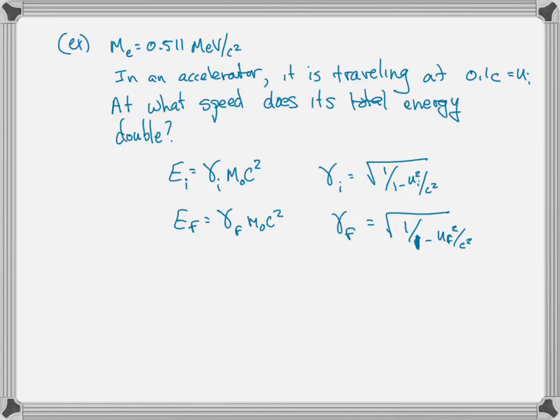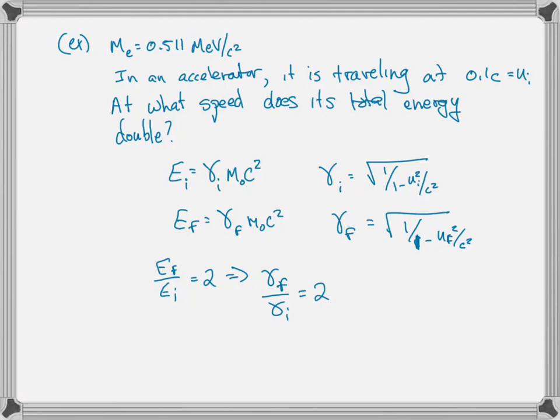So, if the energy doubles, then E final over E initial is equal to 2. So therefore, gamma final over gamma initial is equal to 2.